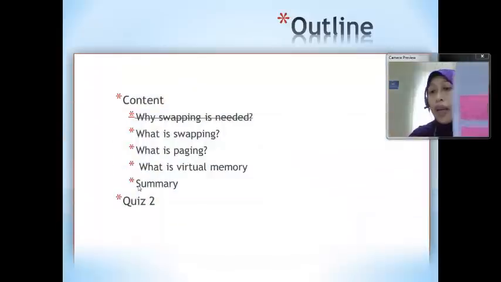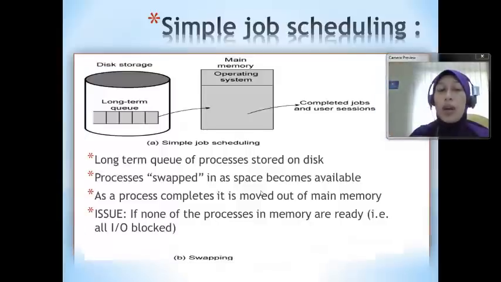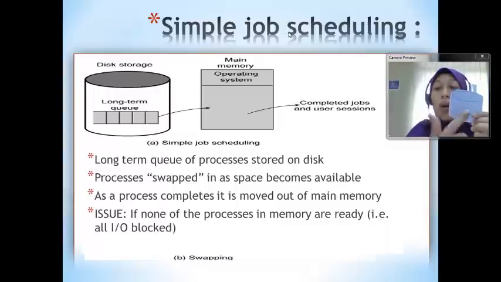Okay, now I will explain what is swapping. Before I explain that, we look at this simple job scheduling. Okay, usually all the processes will be stored in this storage. So all the processes will be here. Okay, so the process which is in the ready state will be swapped into the main memory.